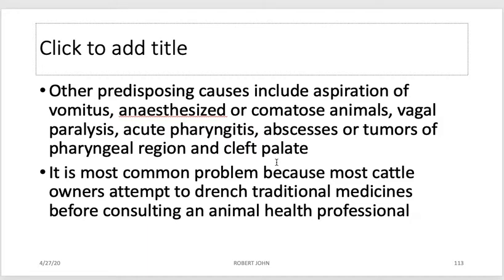Kwa binadamu inaitwaga mdomo sungura, lakini kwa wanyama sijui inaitwa cleft palate. Kunakuwa na uwazi kwenye eneo la juu la mdomo, kwenye taya, yani ile roof of the mouth, sehemu ya juu ya ndani ya mdomo inakuwa wazi, maanake inaunganika na pua. Kwa kukiwa na hilo tatizo la cleft palate ambalo mnyama anazaliwa nalo, linaweza kusababisha aspiration pneumonia.